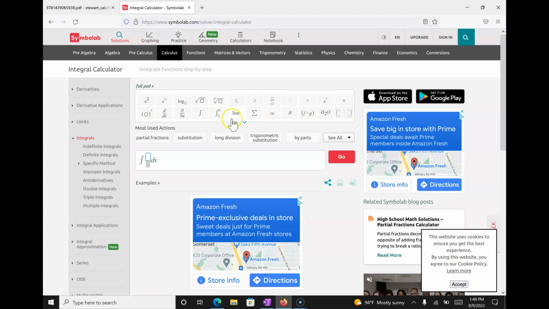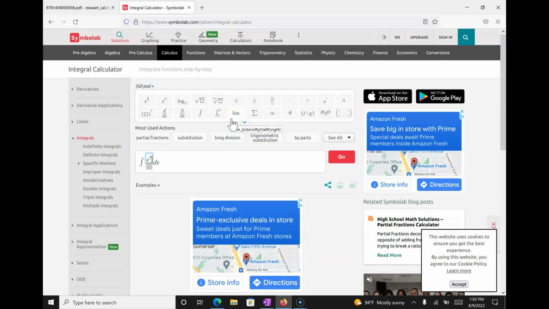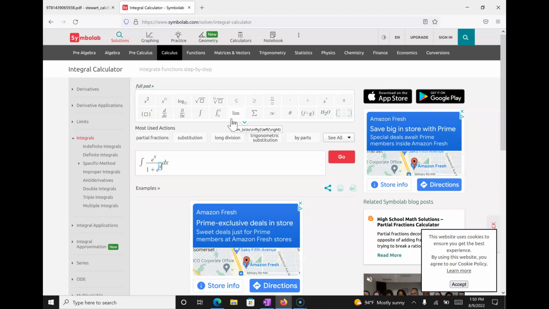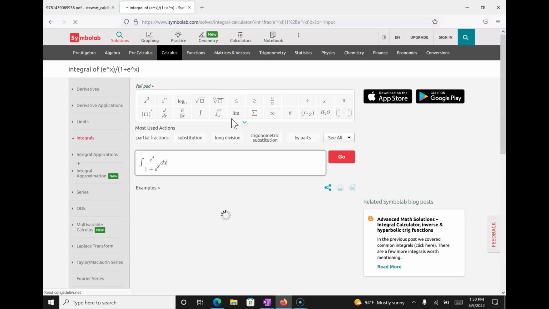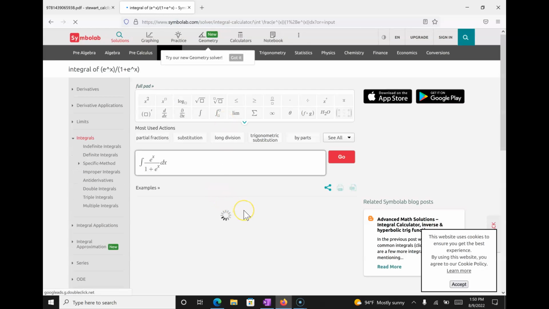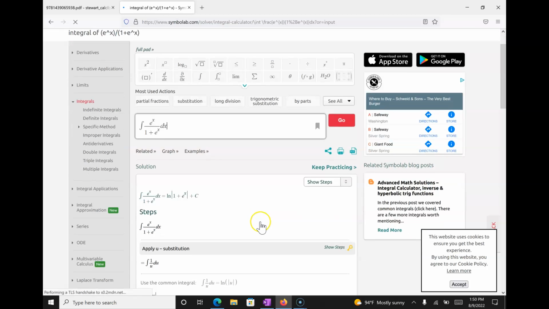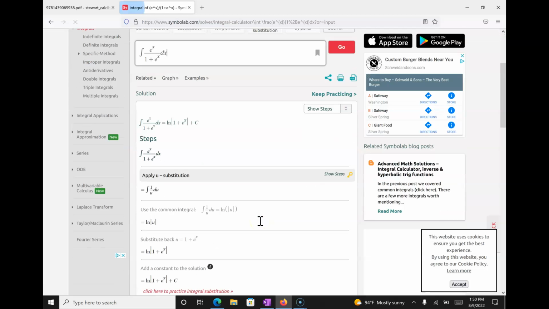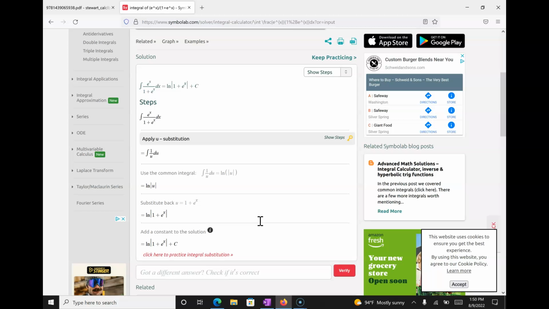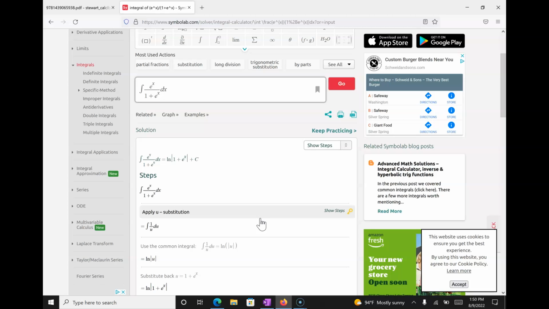I need e to the x over 1 plus e to the x. The nice thing about this, and you'll see it right when I hit enter, the first thing it tells me is my u substitution, right? So I think it's supposed to tell me what u is. Let me see if I hit show steps.